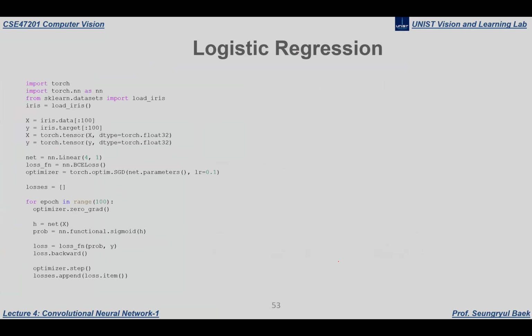And in the PyTorch code, we can just specify that as the BCE loss, which is the abbreviation for binary cross entropy. Previously, we usually used MSE loss, which was the mean squared error loss, and this is normally used for regression tasks. But here we can just change the loss function to the BCE loss, and this will work for this binary classification task.